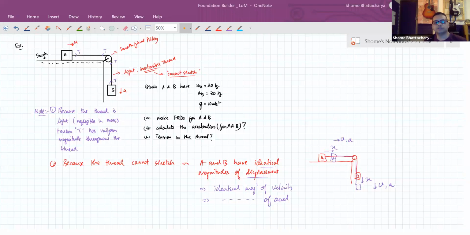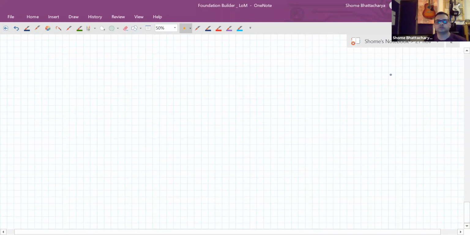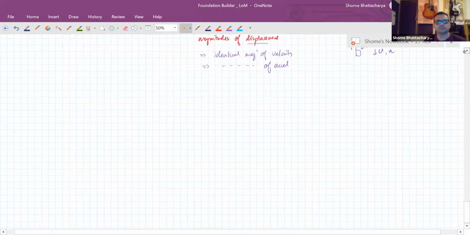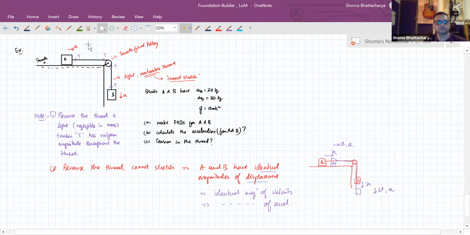So very good. Now that we have understood this, let's come to the free body diagrams of the blocks. Okay, so next I'm making the free body diagrams below. So before I make the FBDs, let me just copy this diagram from above because we are going to make use of this.